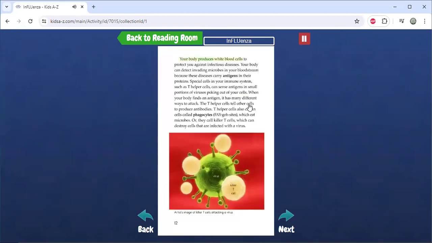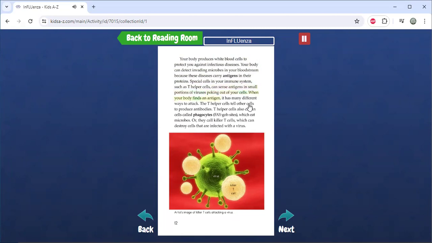Your body produces white blood cells to protect you against infectious diseases. Your body can detect invading microbes in your bloodstream because these diseases carry antigens in their proteins. Special cells in your immune system, such as T helper cells, can sense antigens in small portions of viruses poking out of your cells.